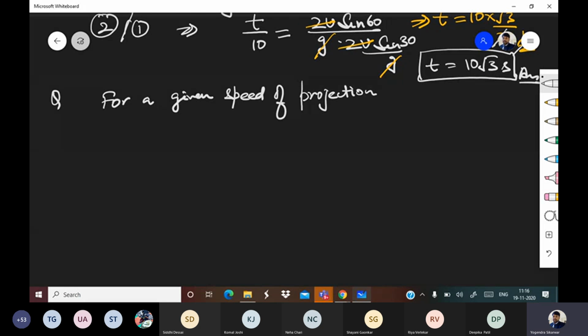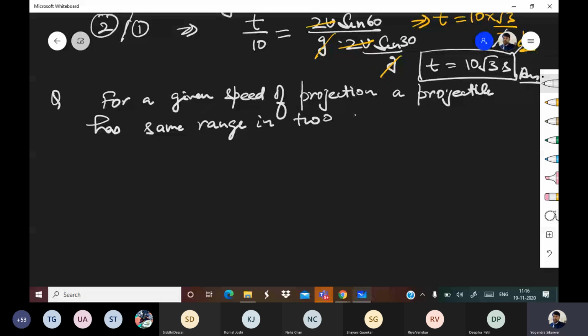Okay. So the question says, for a given speed of projection, a projectile has the same range in two cases.